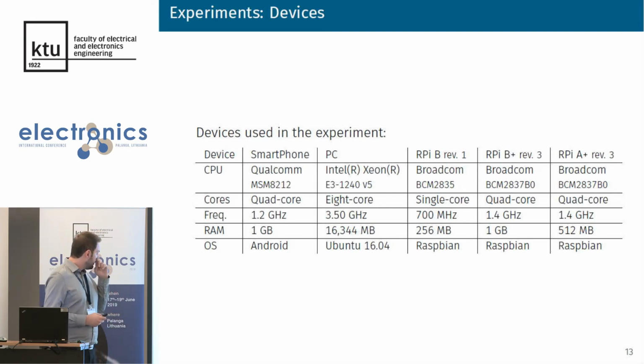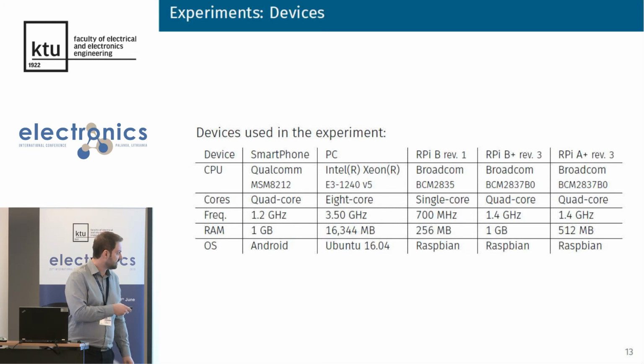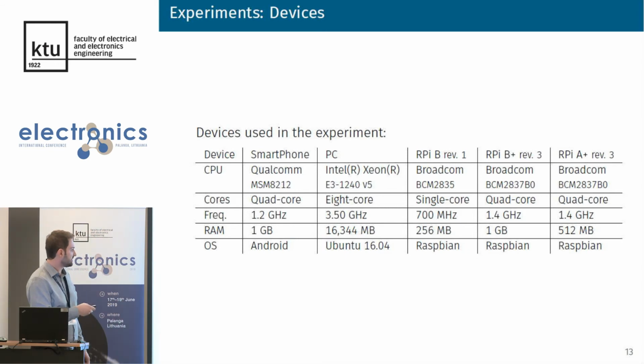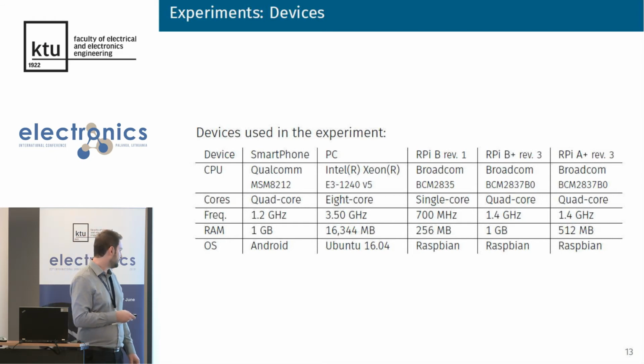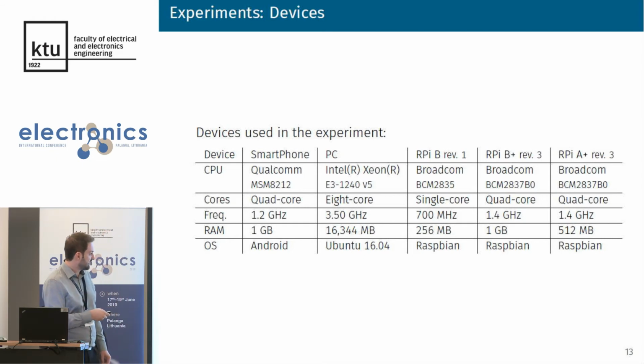In the previous research we only compared the performance of a smartphone and a PC running the Bat algorithm, and this research extended the devices using Raspberry Pi devices. We first used the Raspberry Pi Model B revision 1. This is the very first Raspberry Pi device with a single core processor at 700 megahertz with 256 megabytes of RAM.